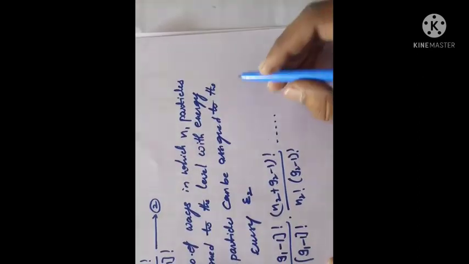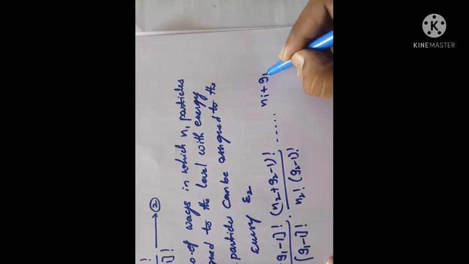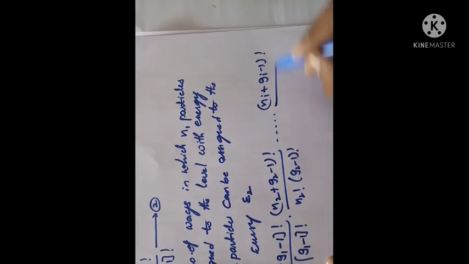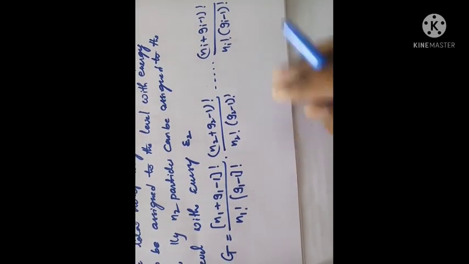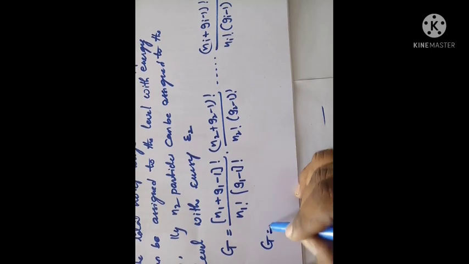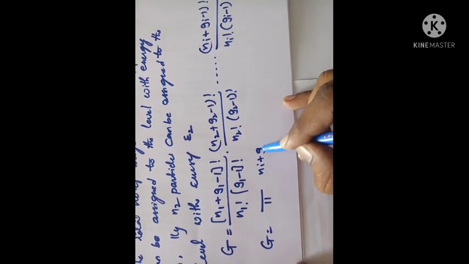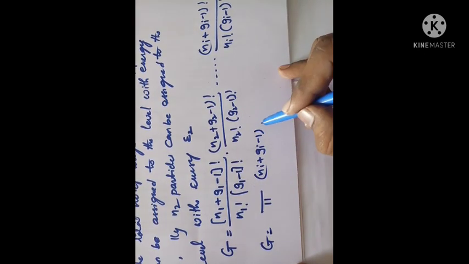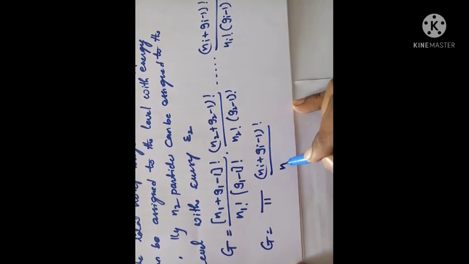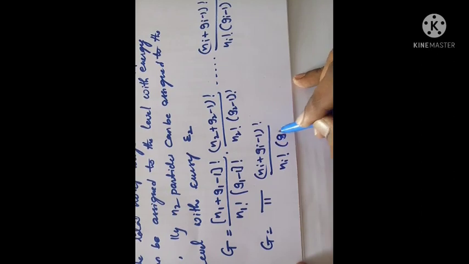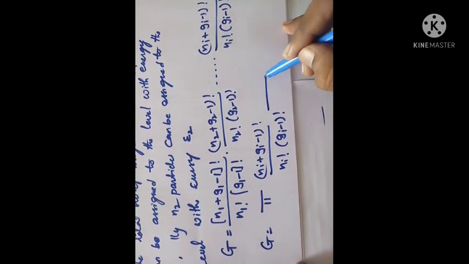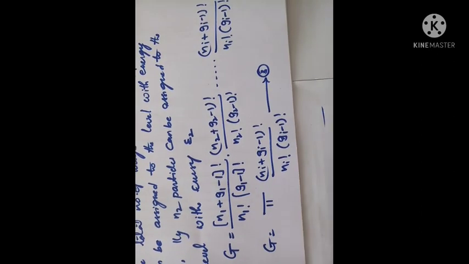Similarly, finally we'll get (ni + gi - 1)! / (ni! (gi - 1)!). All right, so now this can also be written as g equal to the product of (ni + gi - 1)! / (ni! (gi - 1)!). So this is equation number 3.